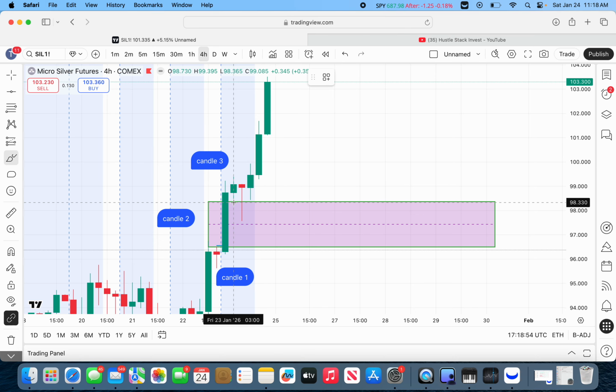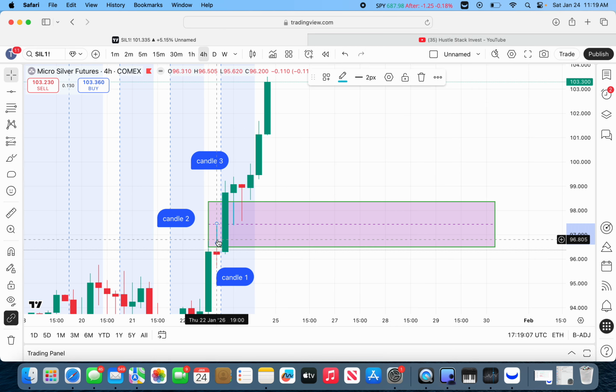Boom, you see how the wick's short right now? But sometimes we will have long wicks, and even with this first candle, we will have a long wick to the upside too, right? And if these candles look like that, like their wicks were longer, this will no longer be a fair value gap because there's no gap in between now, right? These wicks are now overlapping.